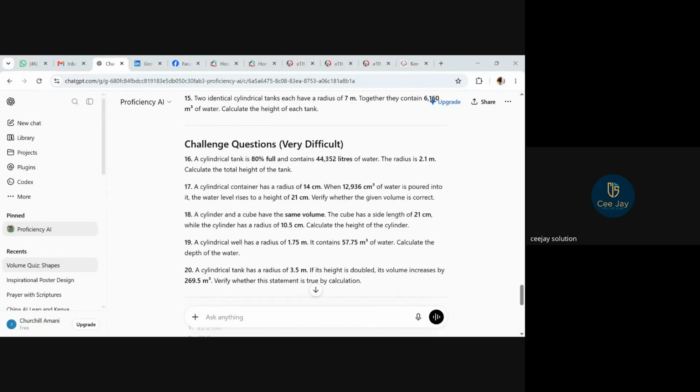Then you add it to the area of the two circles. Then you find the answer to the surface area of a closed cylinder.